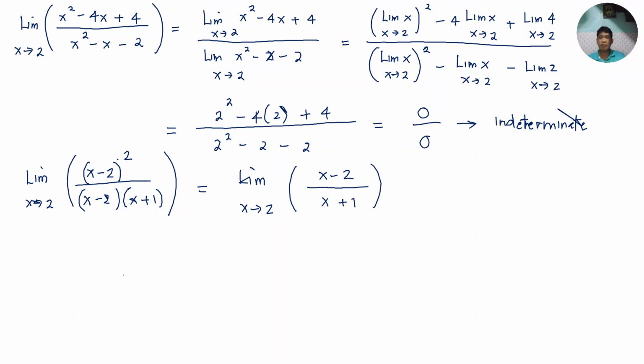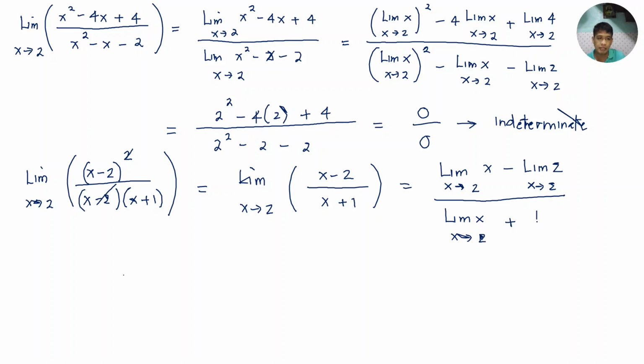Since we have simplified, because this x minus 2 cancels out with that one, this becomes the limit of x minus the limit of 2, both as x approaches 2, all over the limit of x as x approaches 2 plus the limit of 1 as x approaches 2.